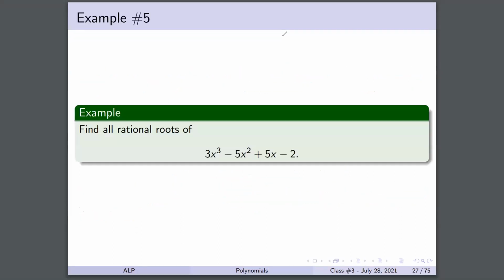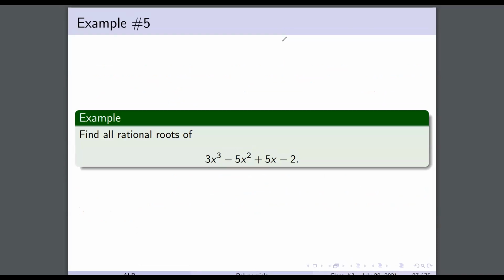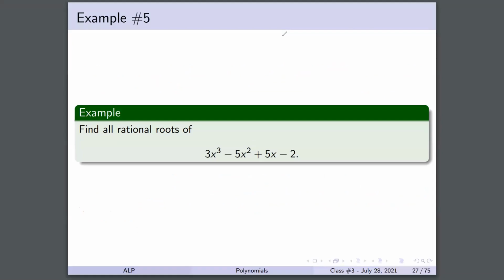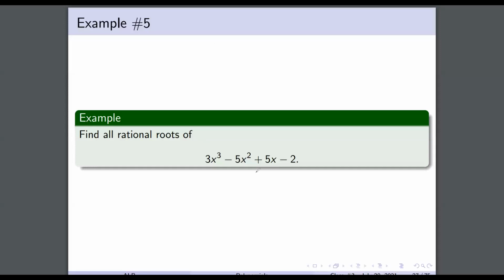So now we're asked to find the rational roots of 3x cubed minus 5x squared plus 5x minus 2. So basically, you would probably start out by trying to find roots of these. Remember we find p over q, where p divides -2 and q divides 3.